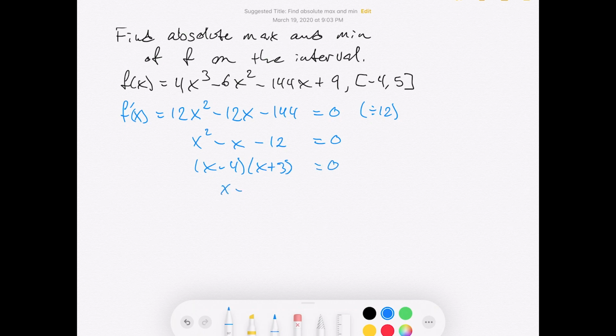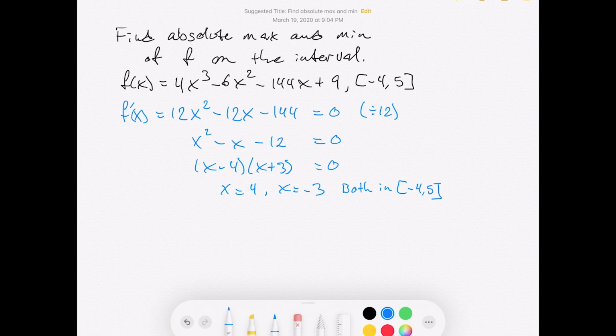So we get solutions of x equals 4 and x equals negative 3. So these are the 2 critical values, and we'll notice that both of these are in the closed interval from negative 4 to positive 5, so we are going to consider both of those.